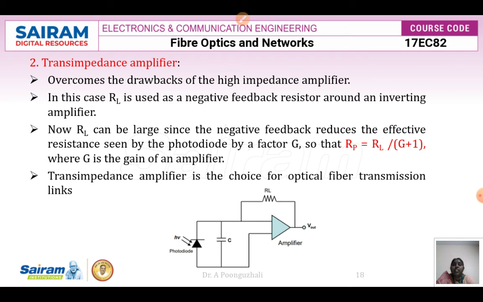In that case, the resistance seen at the output of your photodiode is going to be Rp equal to RL by (G plus 1), where G is nothing but the gain of the amplifier. So the transimpedance amplifier is going to be the choice for optical fiber transmission links.